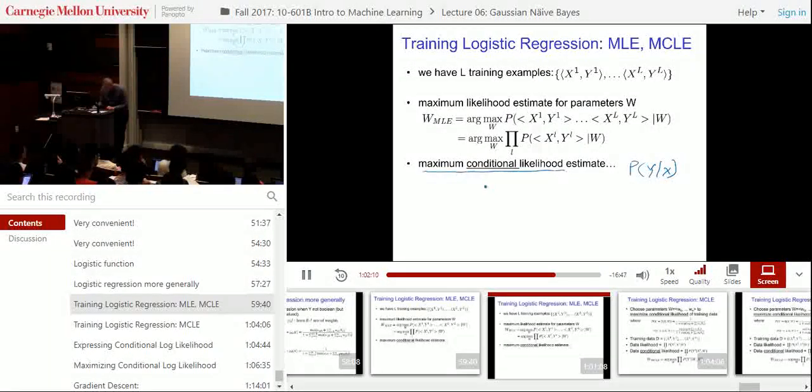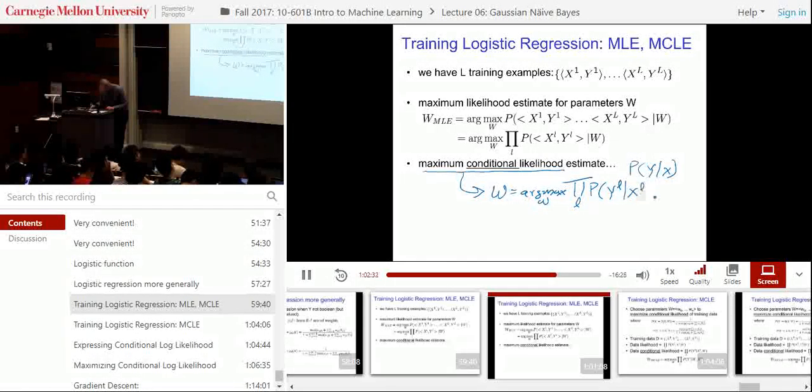So we can make up something we call the maximum conditional likelihood estimate, which is we want the W which is the argmax of, again, the product over all of our training examples. But now I'm going to ask for this instead. I want the most probable y given the observed x and my W.